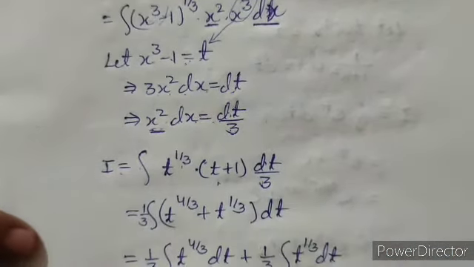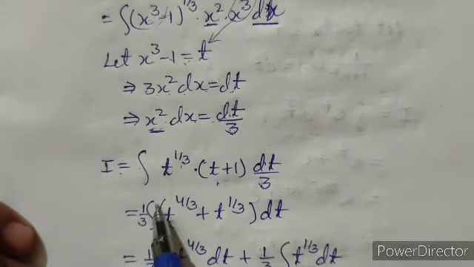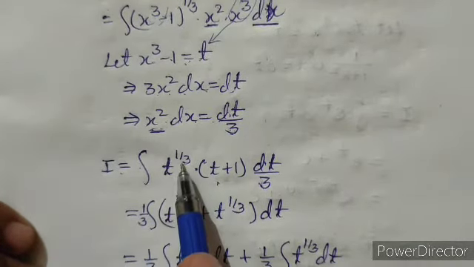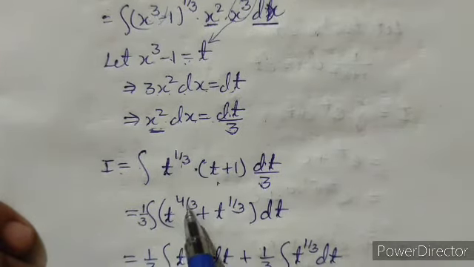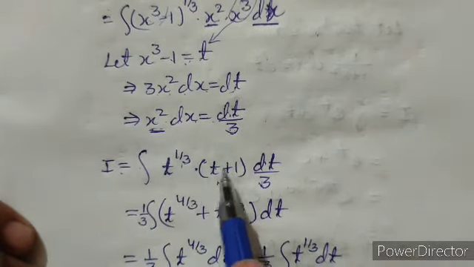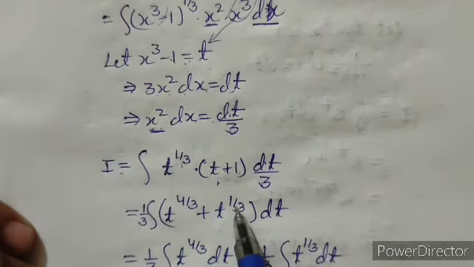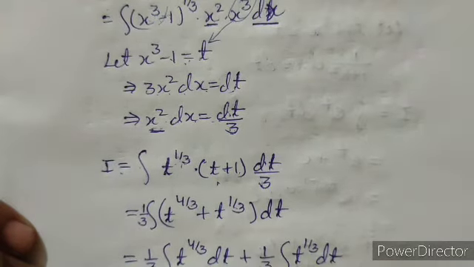So this will give us the integral as 1 by 3 integral of t raised to power 1 by 3 into t, that will be t raised to power 4 by 3, plus t raised to power 1 by 3 into 1, that will be t raised to power 1 by 3 dt.